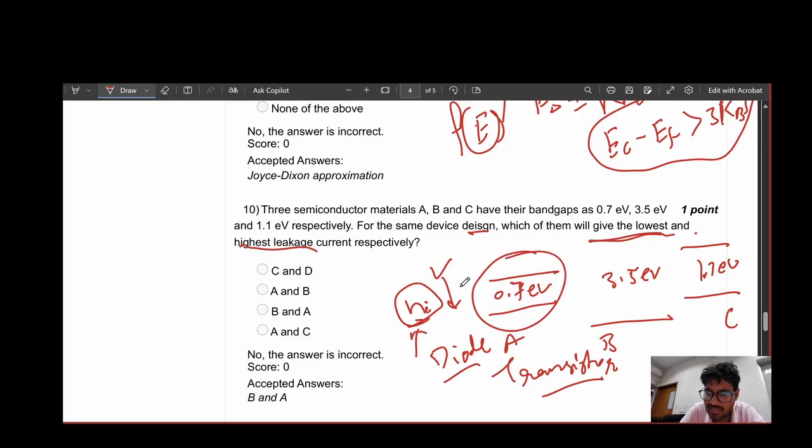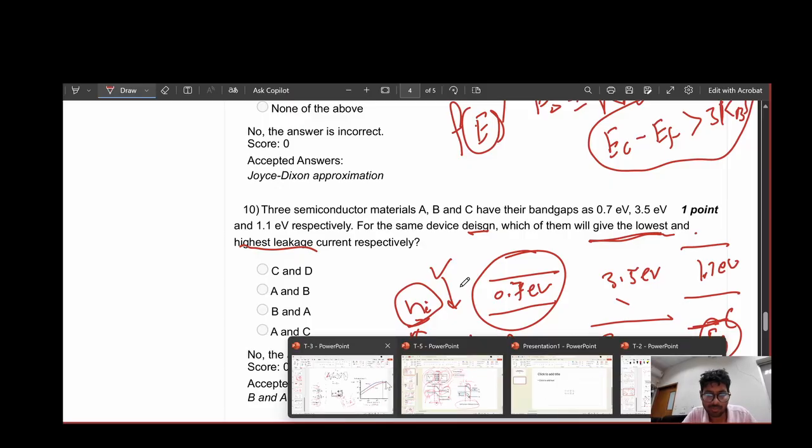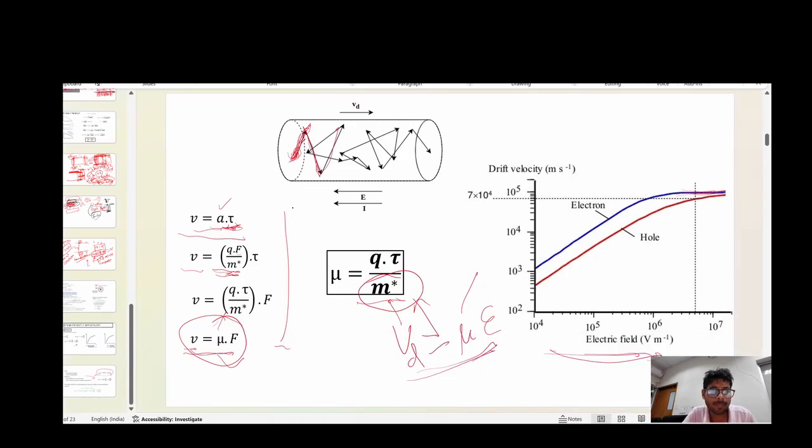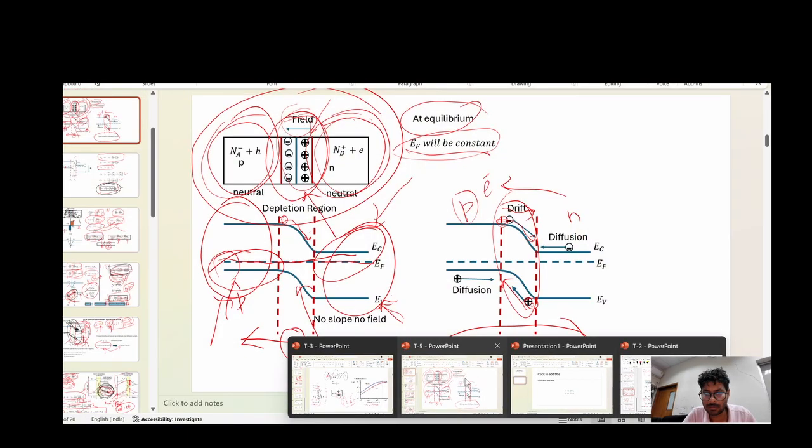Ni is proportional to e raised to power of the band gap, more or less, inversely. I need to check that once. Just give me a minute, I have the equation.